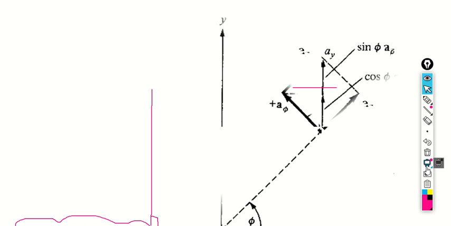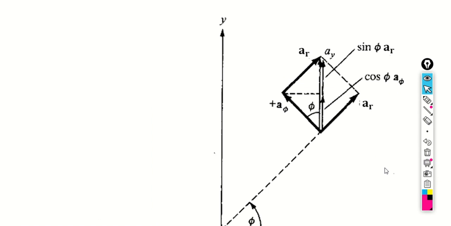Similarly, on the same lines, I want to resolve ar and a phi in the direction of y. What will be the components in the direction of y? Here the angle is phi. So the component of ar in the direction of y will be sine of phi. If this is angle phi, this angle will also be equal to phi.